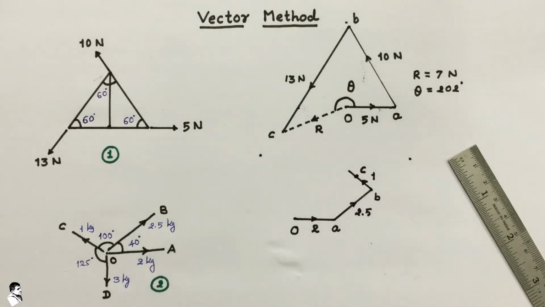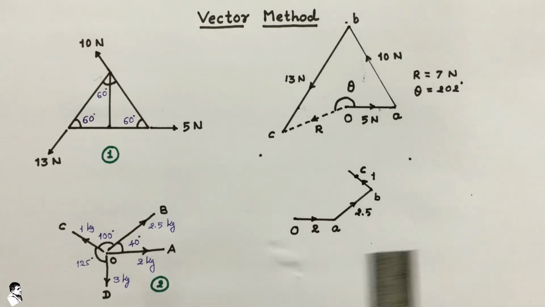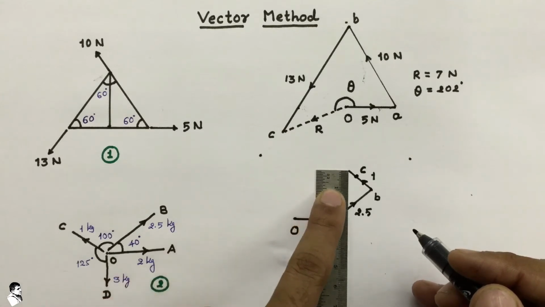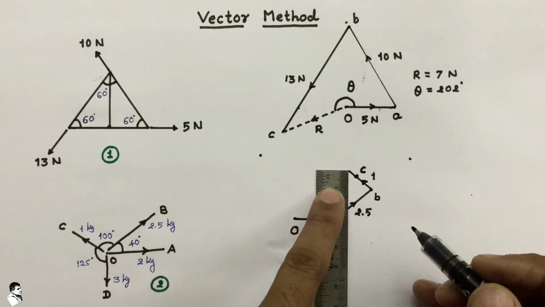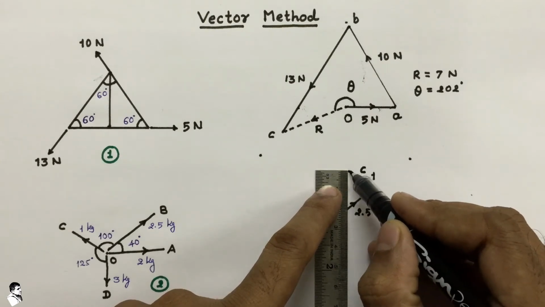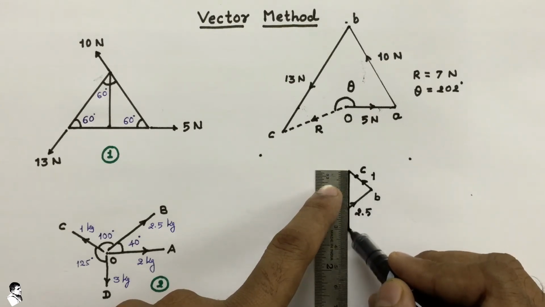After C we move to D, that is our final and fourth force, and that force is completely vertical downward, and the intensity of that force is 3 kg. So we move down 3 centimeter.